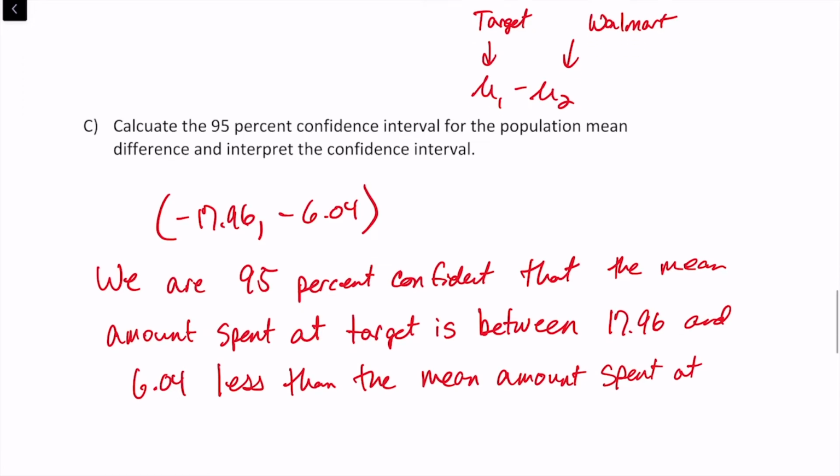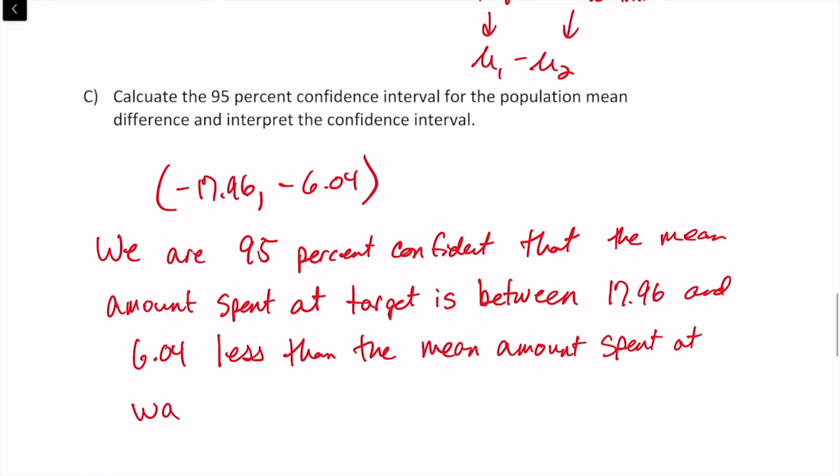Okay? Once again, we're saying less because we have all negative values in our confidence interval. All right. Let's keep it moving.